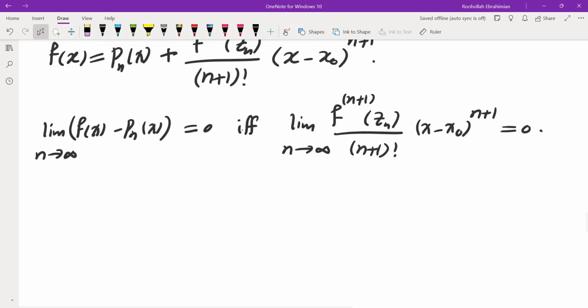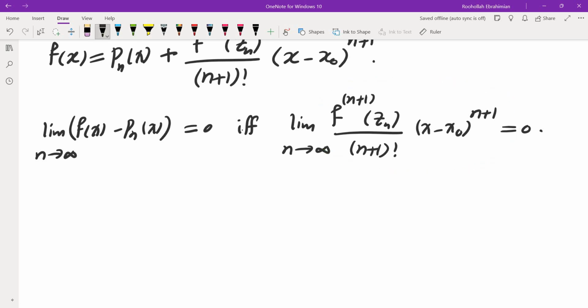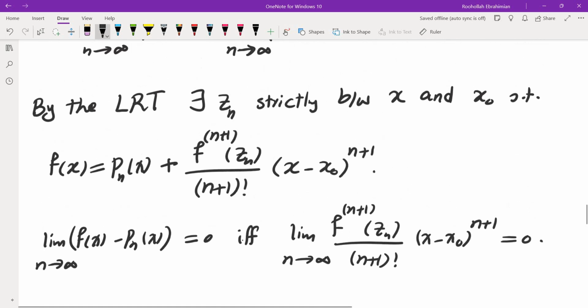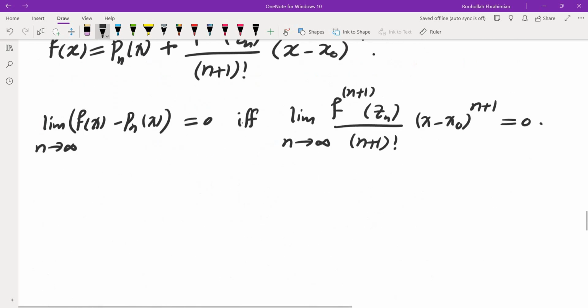This is what we want to show. One thing we know about this function is that nth derivatives do not grow too fast. This is an important part of it that we're going to use.